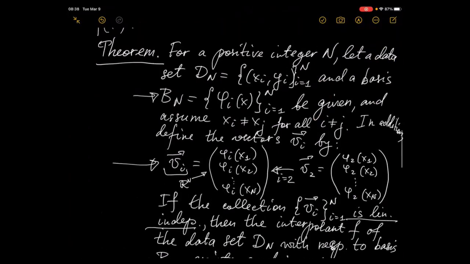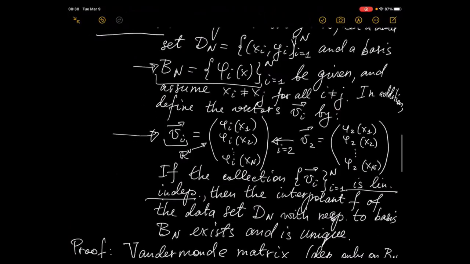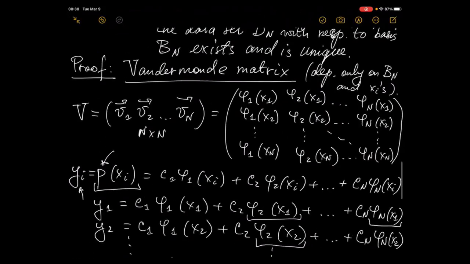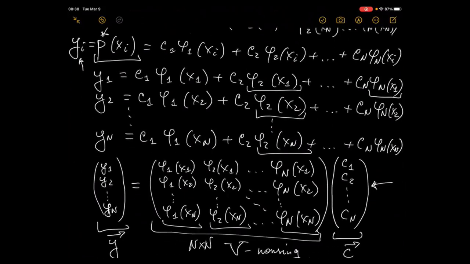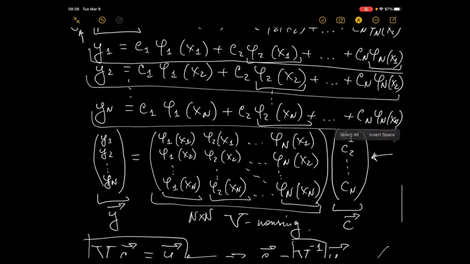We have distinct points x1, x2, and so on till xn. We have a basis of functions, which means that the functions are linearly independent. Then we can form these vectors vi, the columns of the Vandermonde matrix, which appear just from here. We are essentially trying to find such linear combinations, and we are forming this system of linear equations.